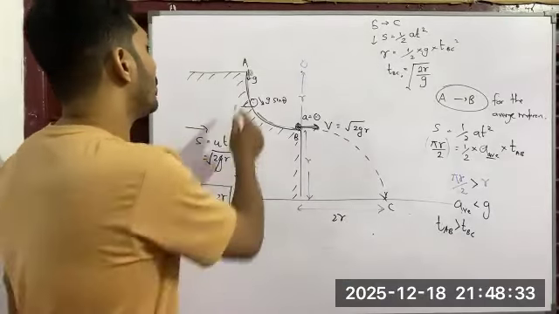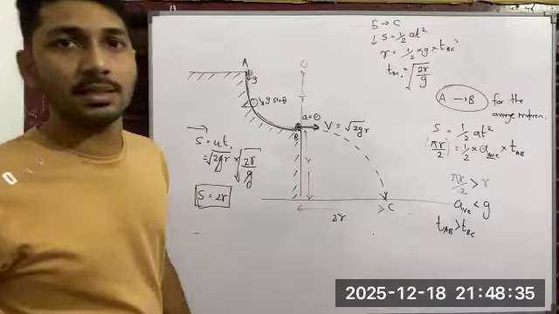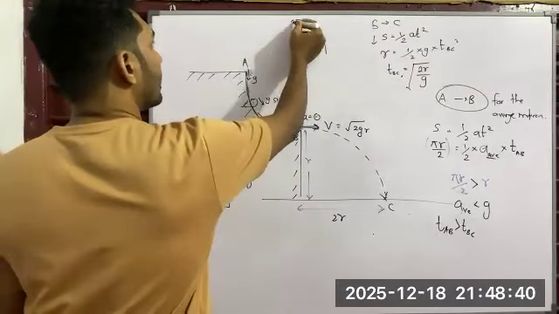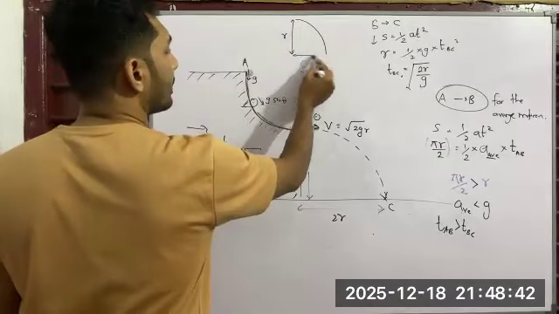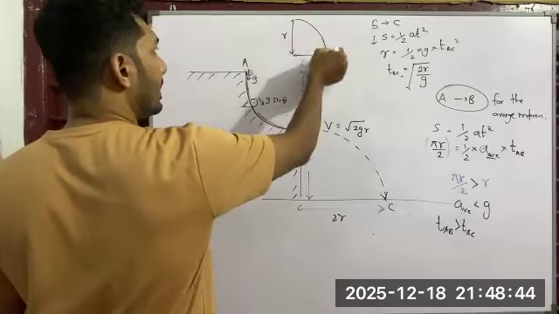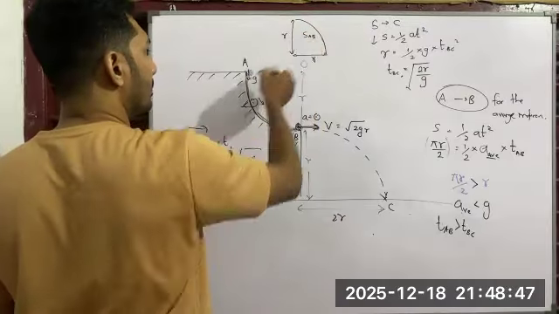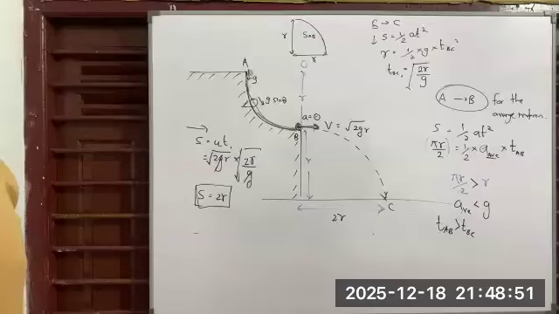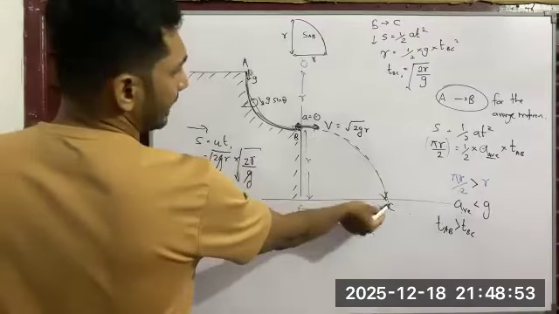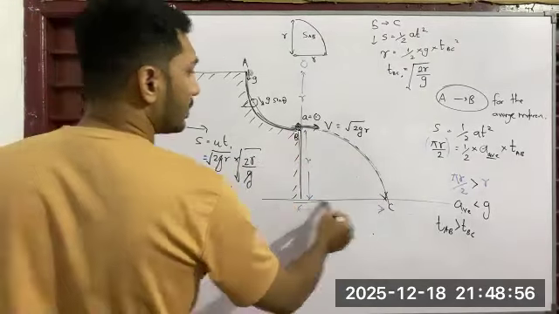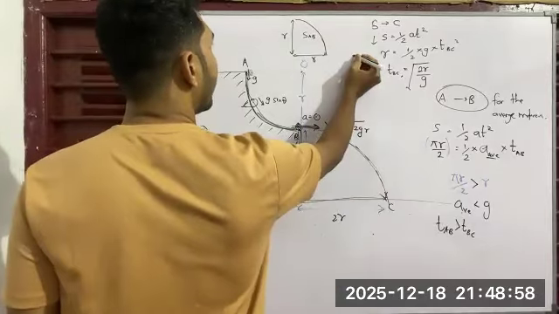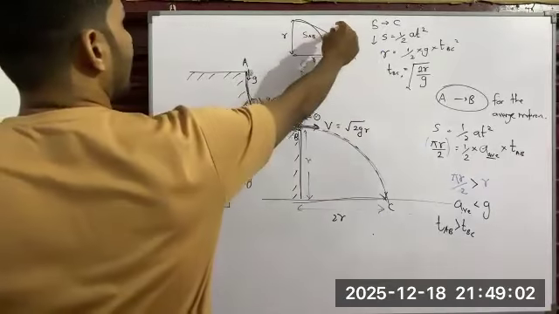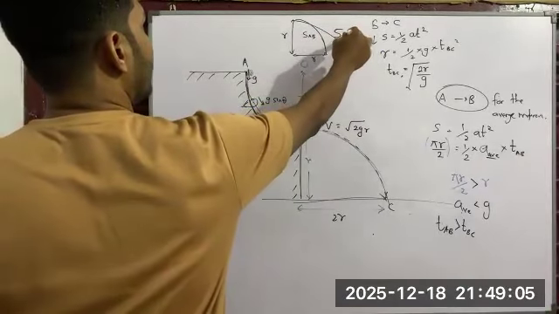Now, this is a quarter circle, right? Like this. This will be r. This will be r. This is the distance SAB. I'm just putting it the other way, just to compare. But think about this length. This is r. This is 2r. So it's somewhere here, and this path is something like this. That is SBC.